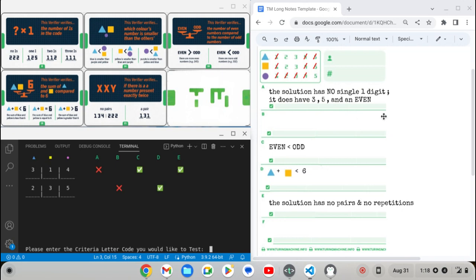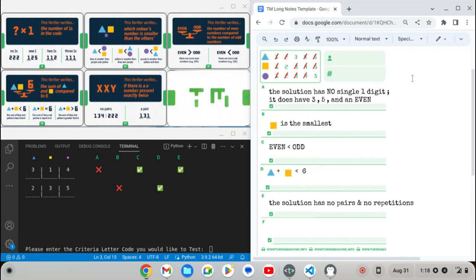Let's go ahead and type that up in section B, and that again is that square, we'll say, is the smallest. Okay, and so basically among 2 and 3, that would mean that square would have to be 2. It's the smallest. And so that would then force triangle to be 3.